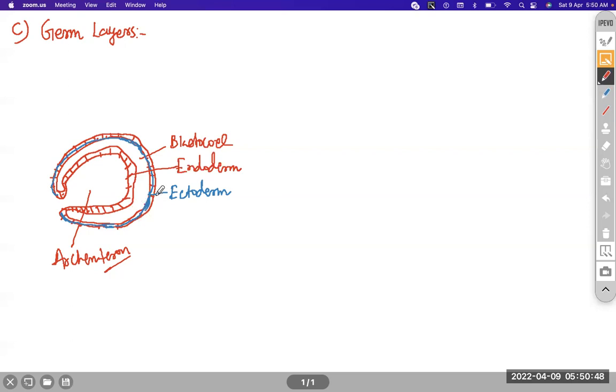Okay, आगे हम लोग पढ़ेंगे इसके बारे में. And these three embryonic layers, here only two are shown. Three embryonic layers from which various organs of the animals are developed are called germ layers.